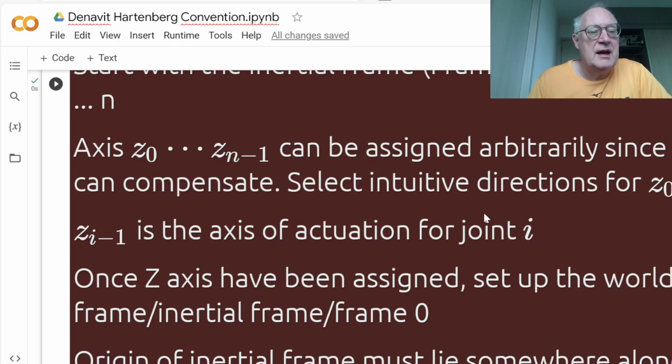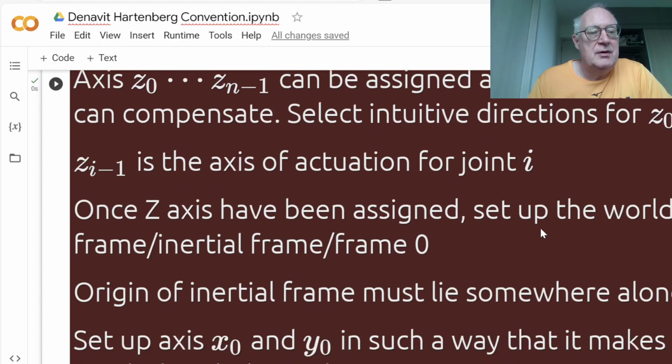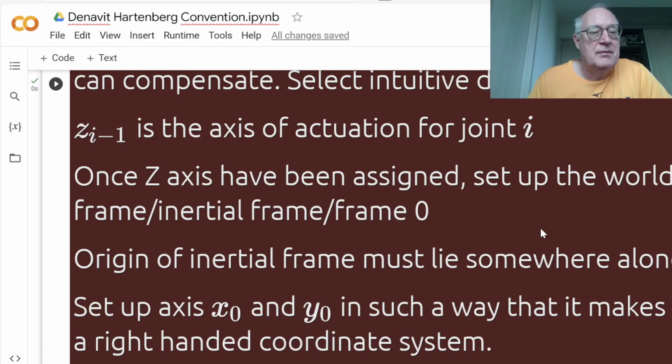Once I have the z-axis defined, then we can set up the rest of the coordinate system. In particular, we set up our inertial frame, and since I have to get there by going along z, that means the inertial frame must lie somewhere on the axis that I defined for z0.